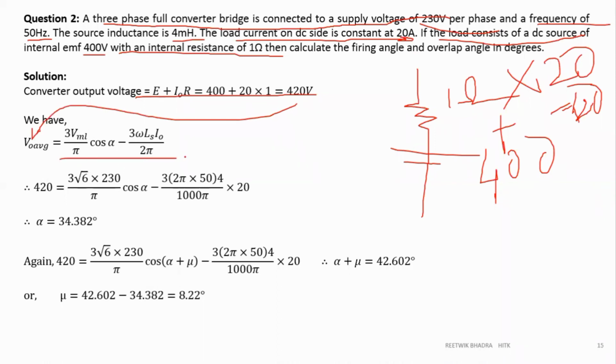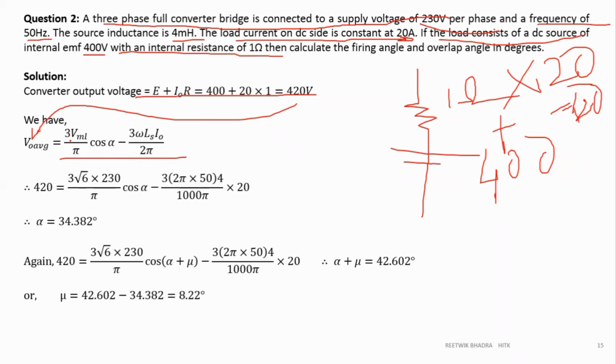And we know the general formula is this one. For three phase, not single phase, remember. If it is single phase, then okay, this problem could have been given for single phase also and you would have done the same thing, but the single phase formula should be used. Now put the values. VML is equal to root 2 VS, so root 2 into 230.